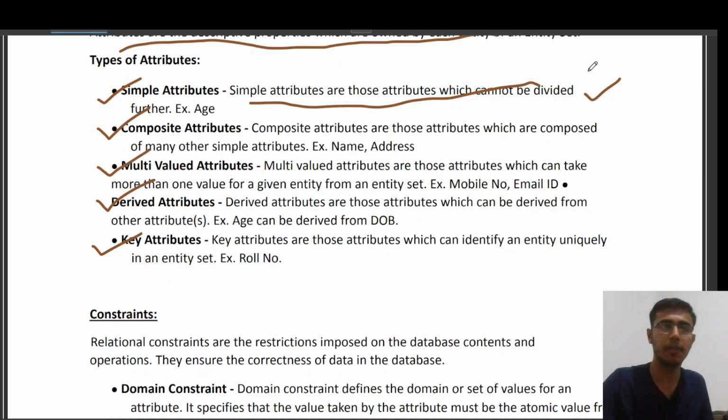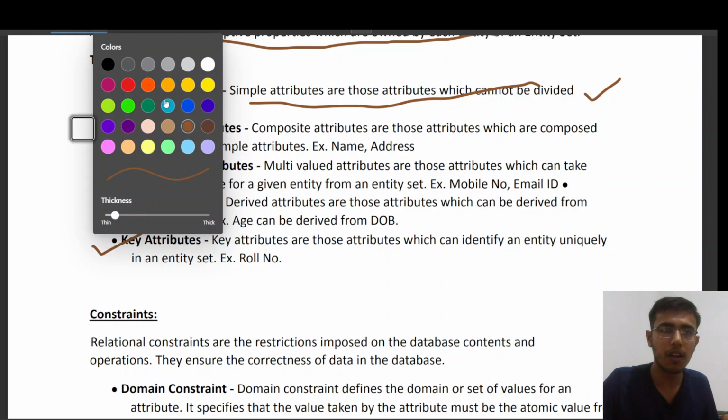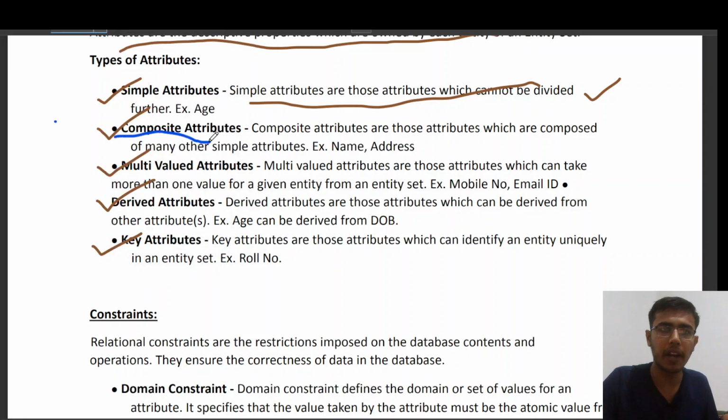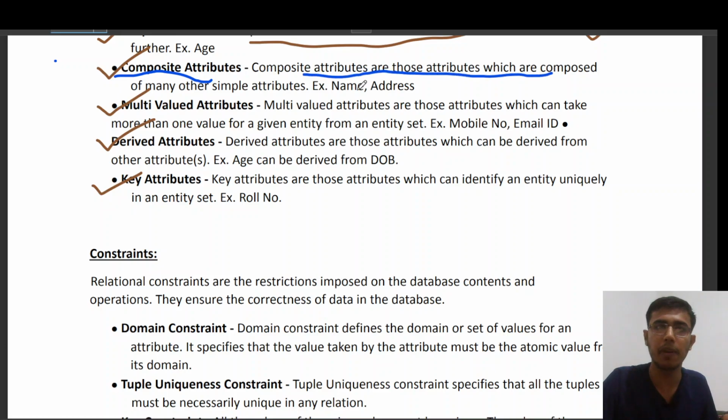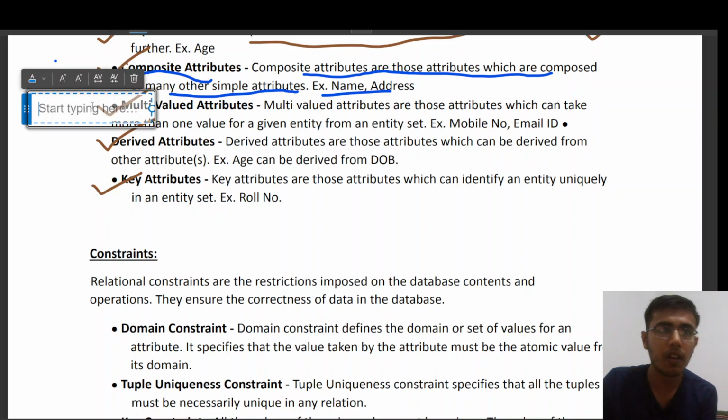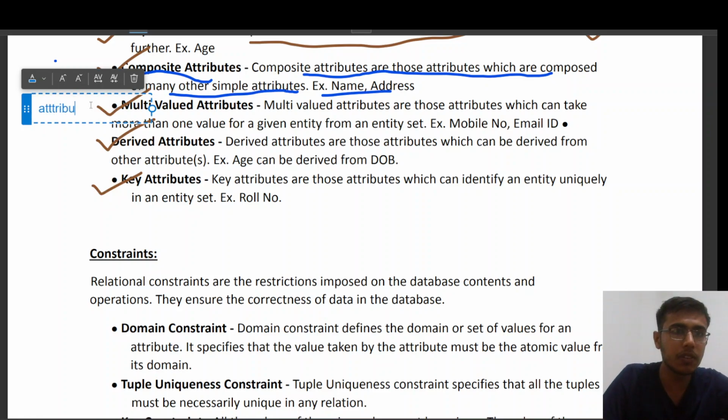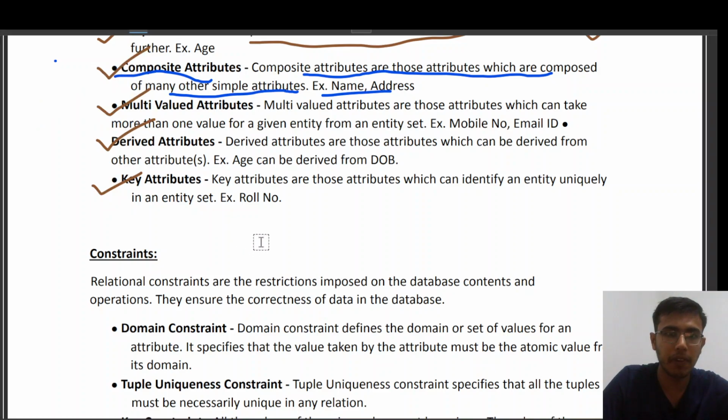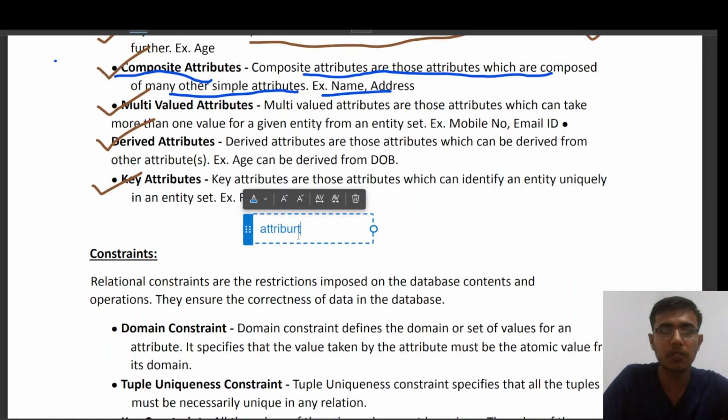Now the next thing is composite attributes. Composite attributes are those which can be composed of many other simple attributes, like name and address, right? Basically attributes that can be divided among themselves.